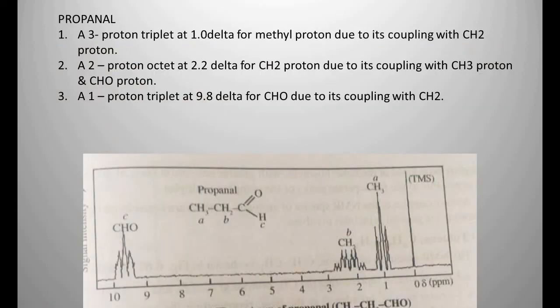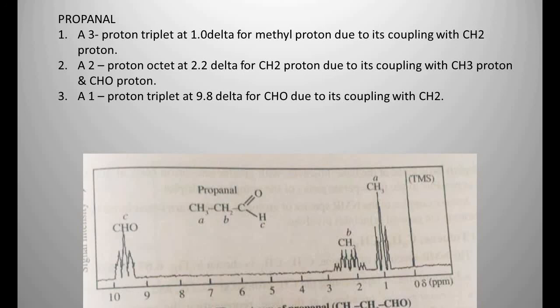Then propanal. Look here, propanal has 3 different types of proton: CH3, CH2, then CHO. First the CH3 is absorbed as a triplet, a 3 proton triplet at 1.0 delta for the methyl proton due to its coupling with the CH2 proton.